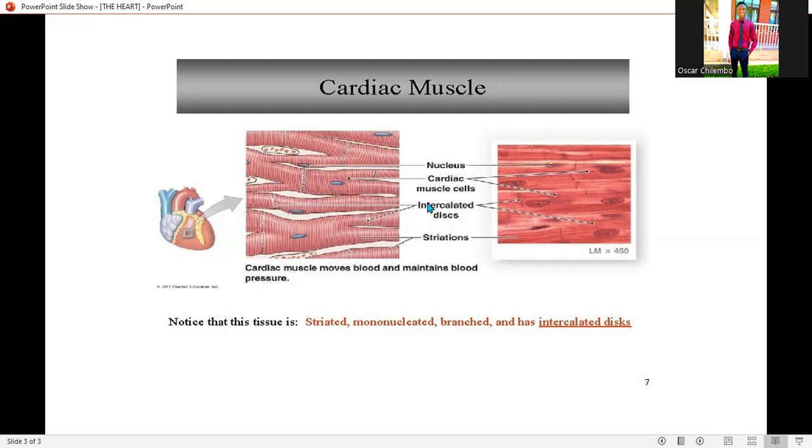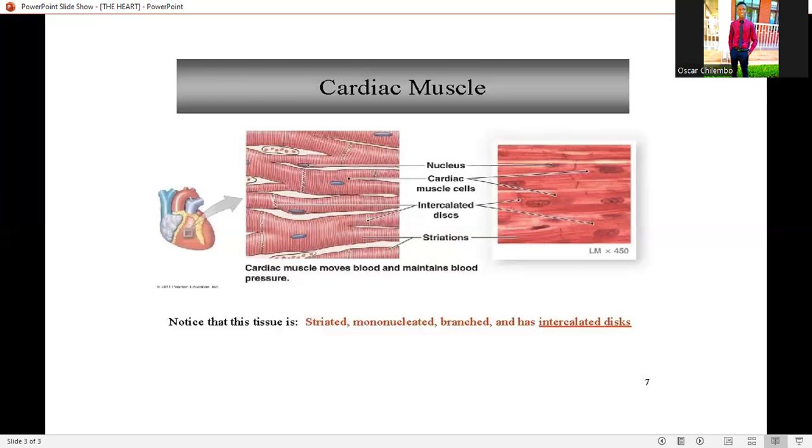Looking at the nucleus, cardiac muscle cells are mononucleated. The nucleus is centrally located, unlike in the skeletal muscle, where the nuclei are peripherally located.